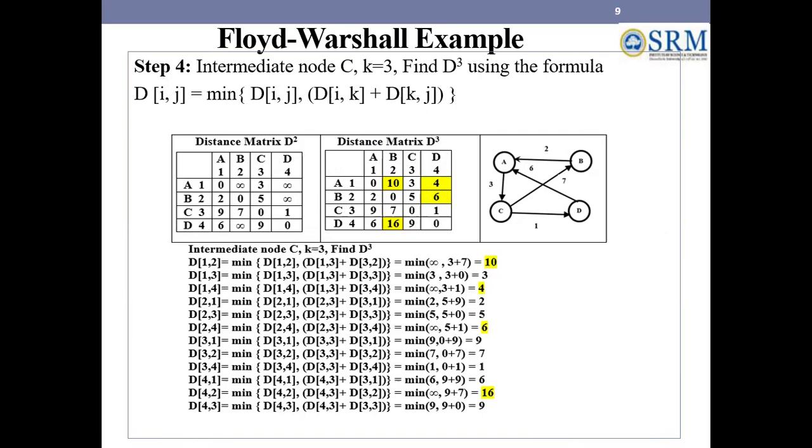Infinity replaced by 16. D to B is through C. D to A is 6, A to C is 3, 6 plus 3, 9.